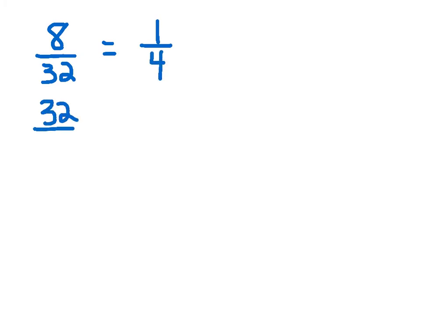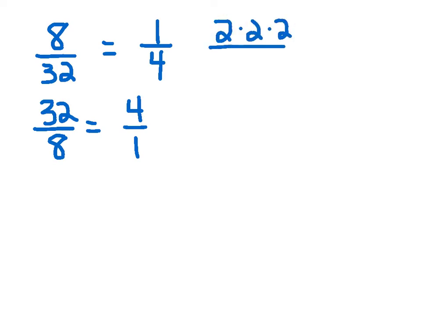Here's something that's important to note. If I say to you, what is 8 over 32? I think you know that that's 1/4. If I say 32 over 8, that answer is 4. I can put the 1 there, but I don't need to. If I wanted to extend this whole idea of factoring and dropping out the 1s to this problem, 8 is 2 to the third, 32 is 2 to the fifth.